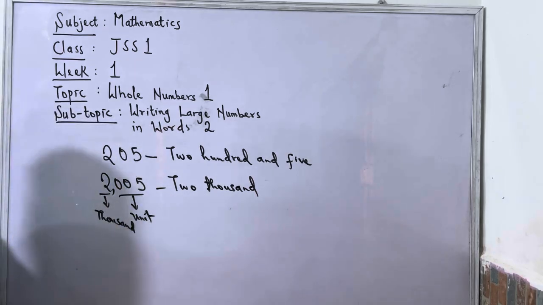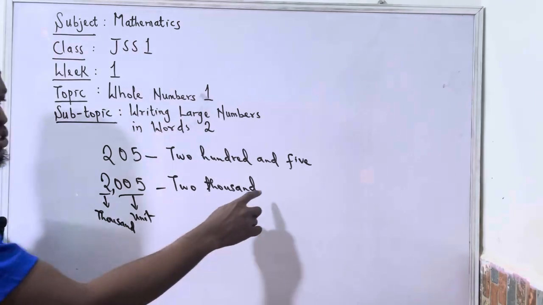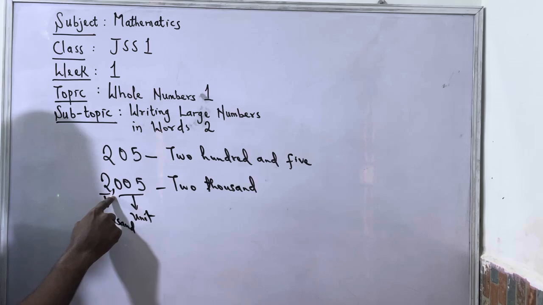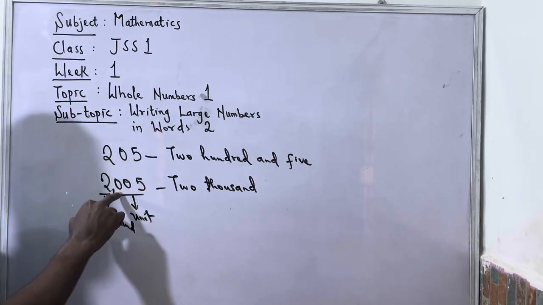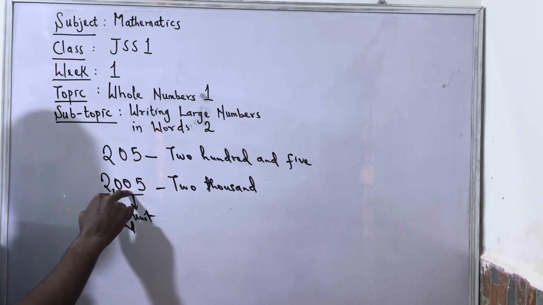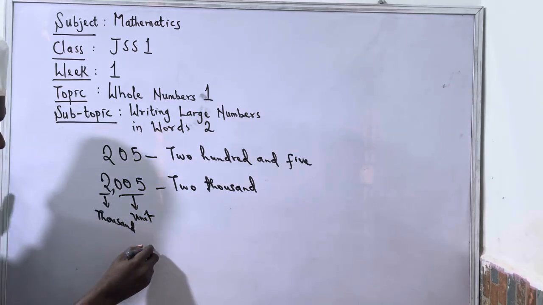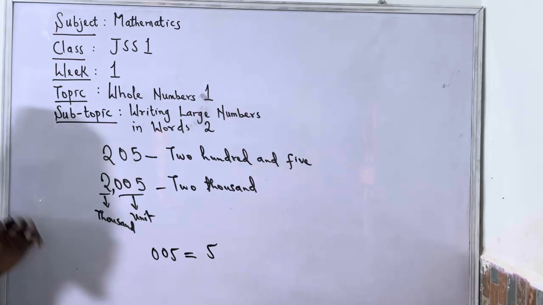Now, we are supposed to follow this with a comma, but the next digits after this comma are 005. This is supposed to be pronounced as 005, but it doesn't make sense. 005 is also the same as saying 5.